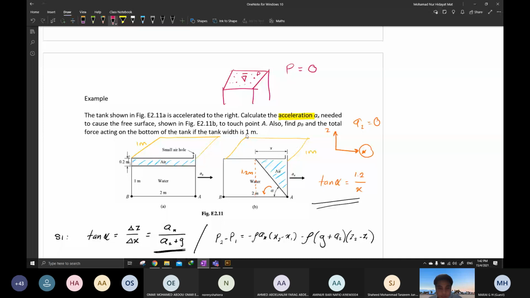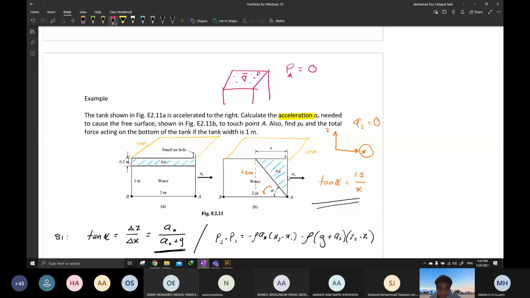We assume atmospheric pressure negligible. So for this case, the pressure at point A is equal to 0 because it is on top of the free surface.